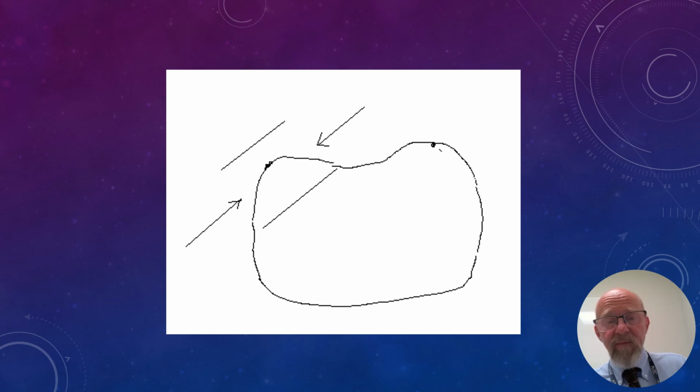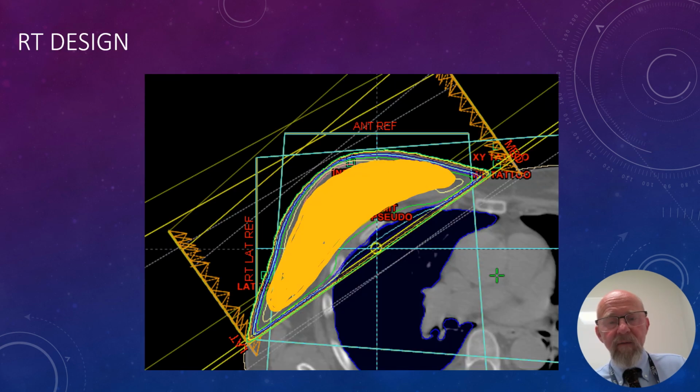So if the concept is that radiation beams are going to skim through that tissue, when we look at it in more detail, we have radiation beams that incorporate, as you can see, the chest wall underneath. And where you see that yellow structure, that is the implant, and overlying, there's radiation energy being delivered to the skin and underlying soft tissue.